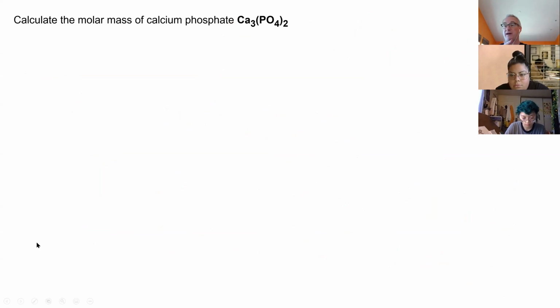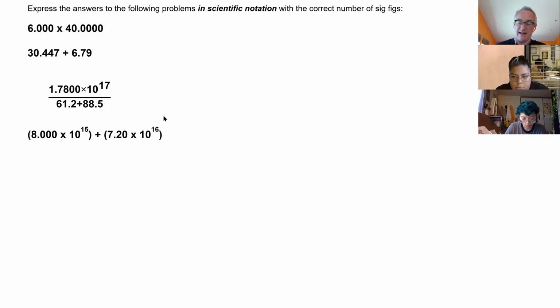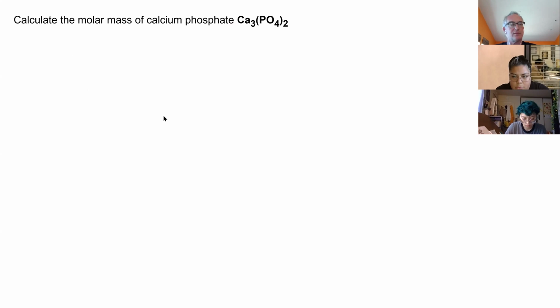And you can double check your answer on that one. You can actually just go to Google and say, molar mass Ca3(PO4)2, and it should give you the answer. So you can always double check. But like I said at the beginning, if you just gave me an answer of 310, whatever, you don't get any points for that because you didn't show me how you got there.